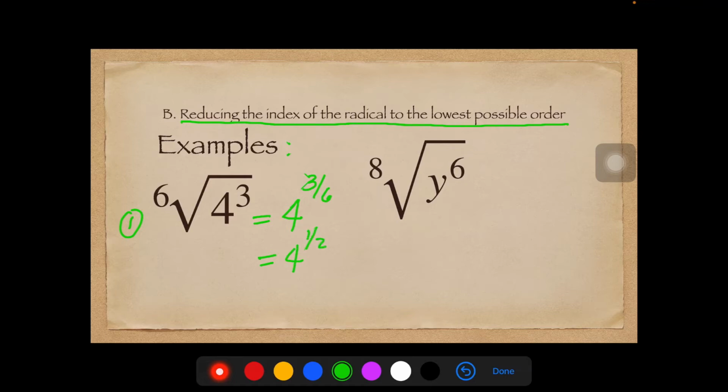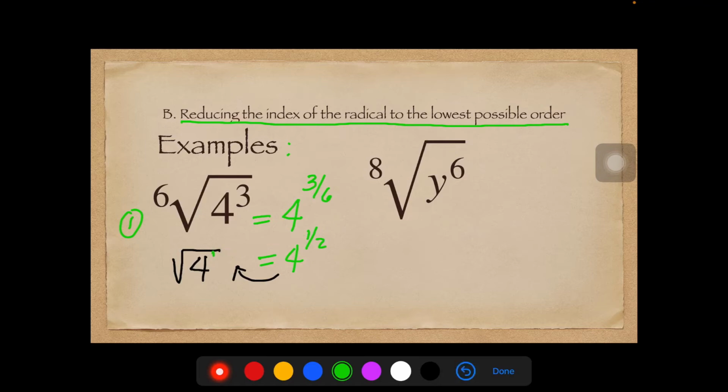That's why when we are going to rewrite this one into the radical form, we come up with the square root of 4. That is the exponent 1, and then the index is 2. Okay, but we don't write the index 2 when it is square root.